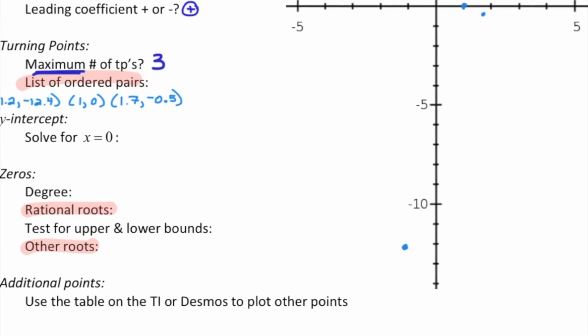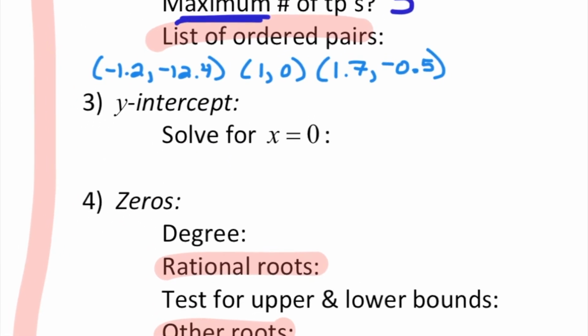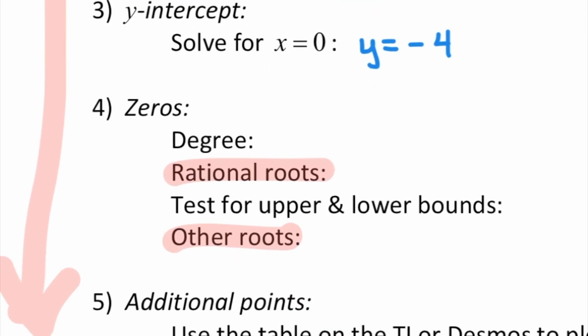And then I'm going to go back and answer more questions over here. Based on the equation, the y-intercept is y equals negative 4. Please don't just write negative 4, but actually write y equals or write the ordered pair for it. The degree of the function is 4. And your rational roots, you don't have to use the theorem for this, just use the graph.